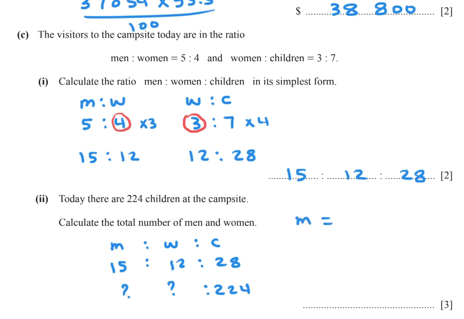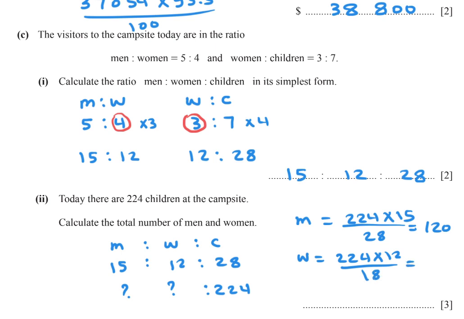For men, 224 times 15 divided by 28 equals 120. And for the women, 224 times 12 divided by 28 equals 96. Now to find the total, add them. 120 plus 96 equals 216.